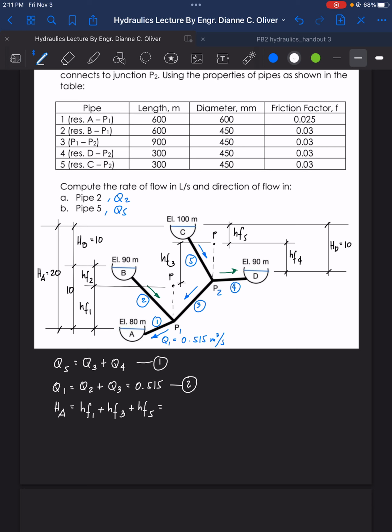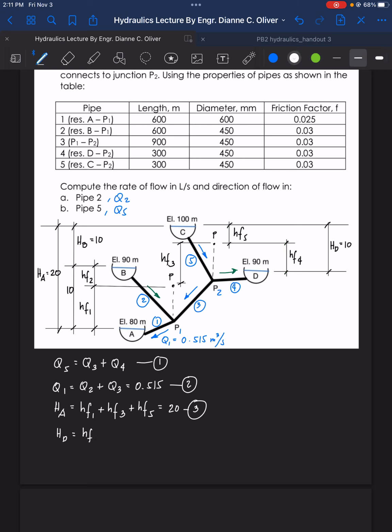That is equal to 20. So equation number 3. Then we see the HD. So the HD here, HD is equal to HF2 plus HF4.